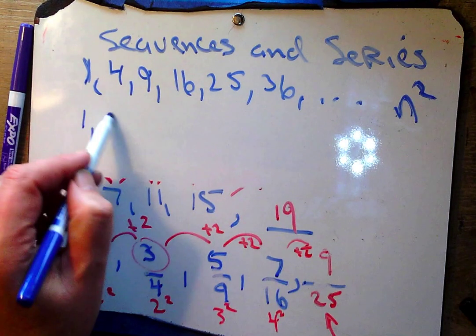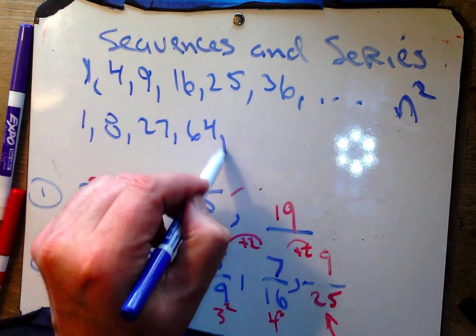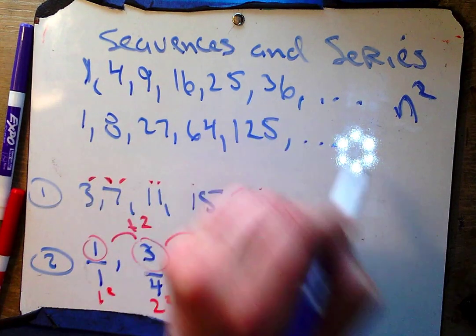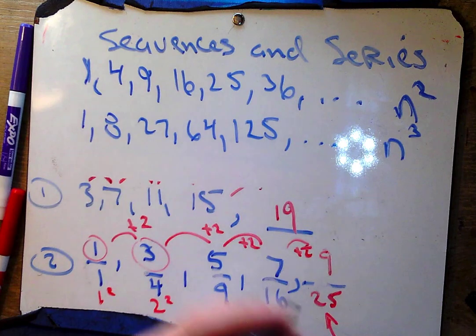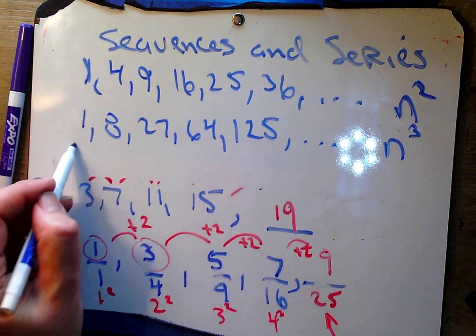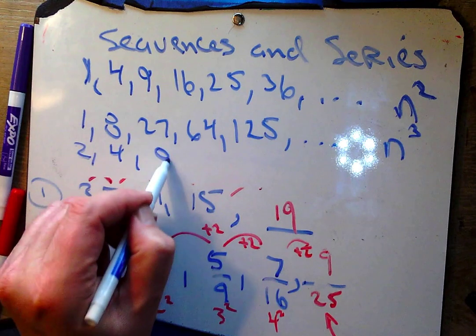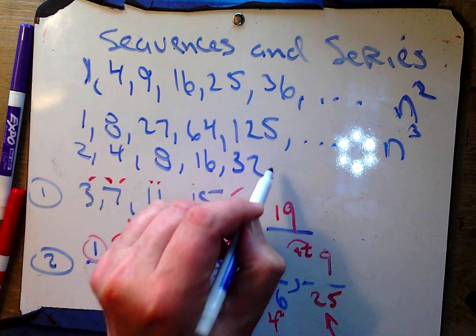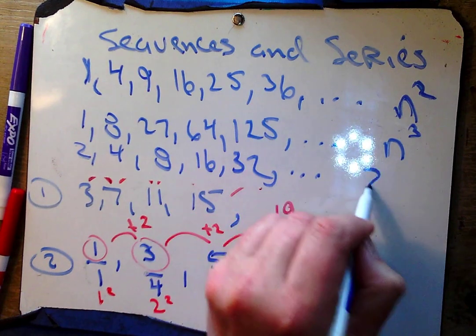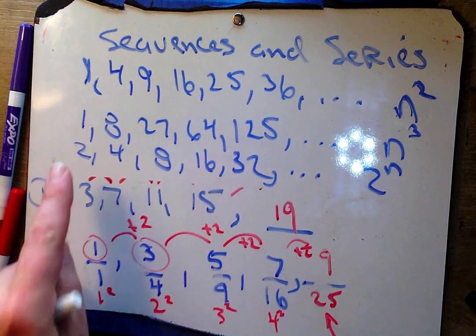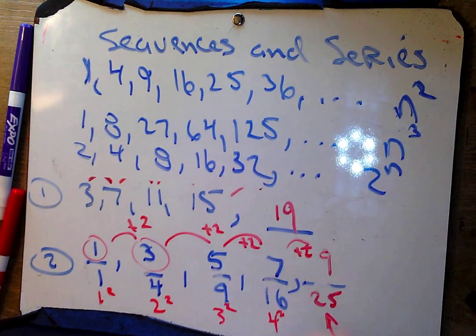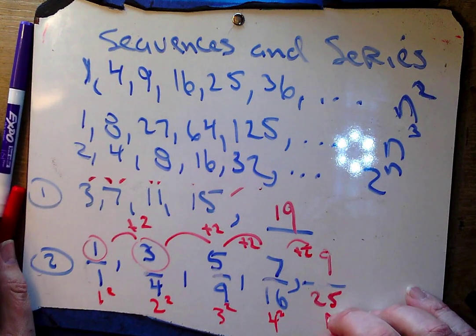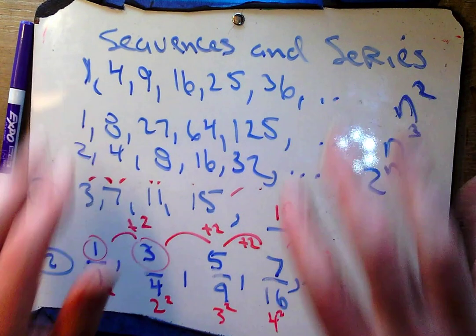Or 1, 8, 27, 64, 125 as coming from n to the third. These are things that we're supposed to recognize. So if you're not sure about them, you might want to note them down now. Likewise, 2, 4, 8, 16, 32, and so on. These are coming from 2 to the n. Yeah, so we're going to need stuff like that.